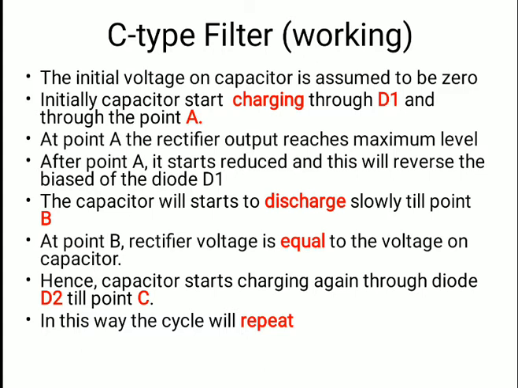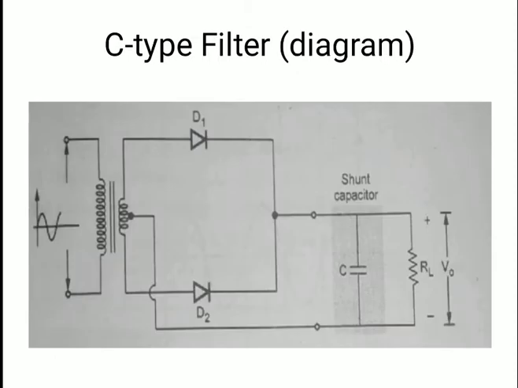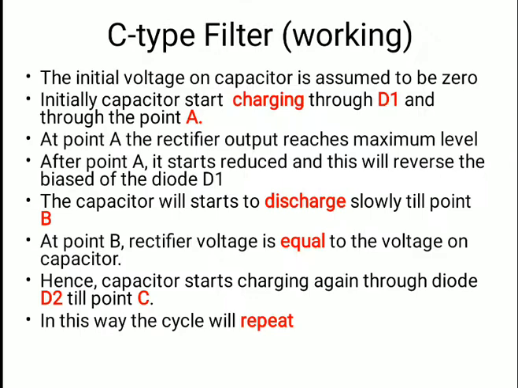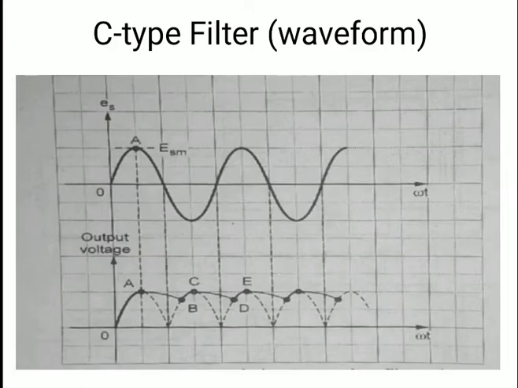The initial voltage on a capacitor is assumed to be 0. Initially the capacitor starts charging through D1, because you can see it is a rectifier, so in the positive half cycle we get the current through D1. It will start charging through D1 up to the point A, and at point A the rectifier output reaches its maximum level.